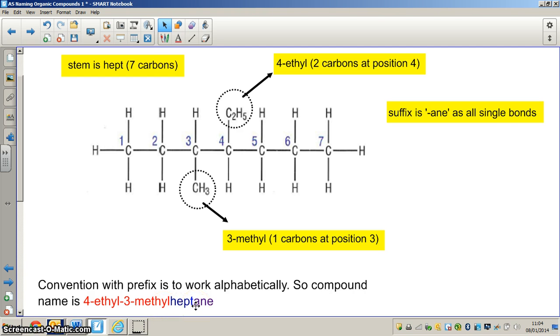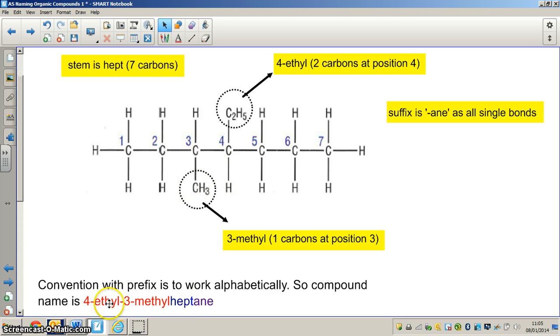And there is another convention being illustrated here, and the convention is when we're talking about the prefix, we always name the prefix alphabetically. So ethyl comes before methyl in the alphabet, so the name is 4 ethyl, 3 methyl heptane.